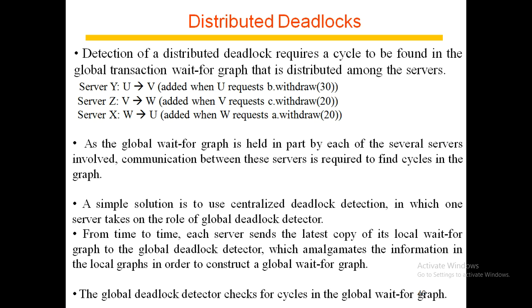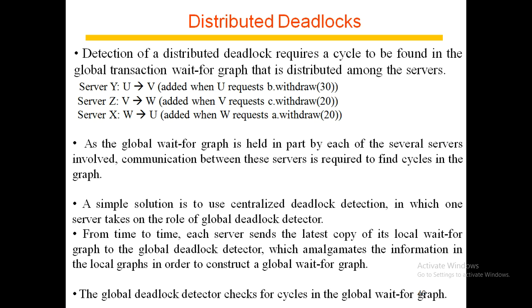At server Y, transaction U dependent on V, added when U requests B withdrawal 30. At server Z, V dependent on W, added when V requests C withdrawal 20. At server X, W dependent on U, added when W requests a withdrawal 20.